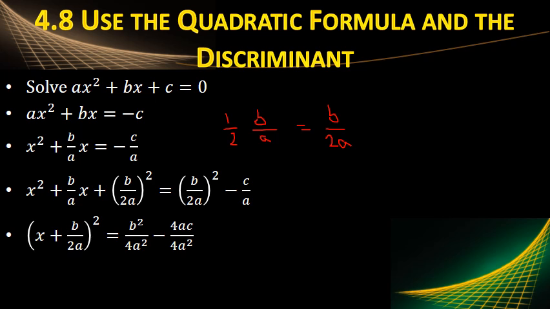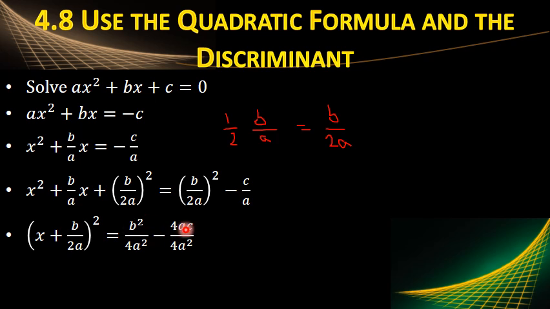I can write the left-hand side as a perfect square. So I have x plus b over 2a squared. Here, b squared over 4a squared. I need a common denominator, so here, because the denominator is 4a squared, I multiplied this by 4a.